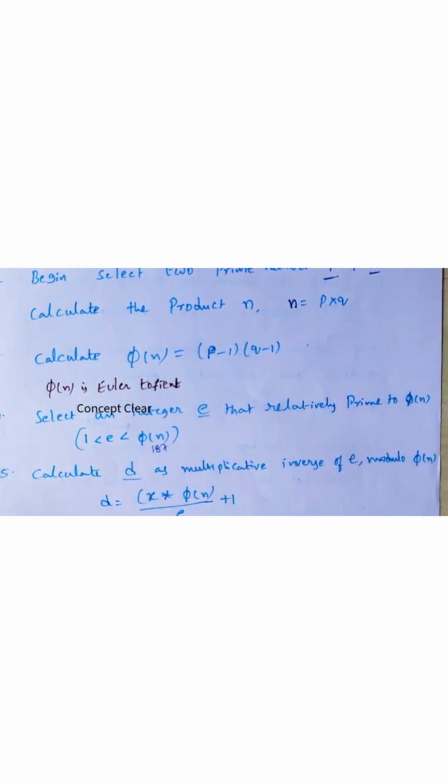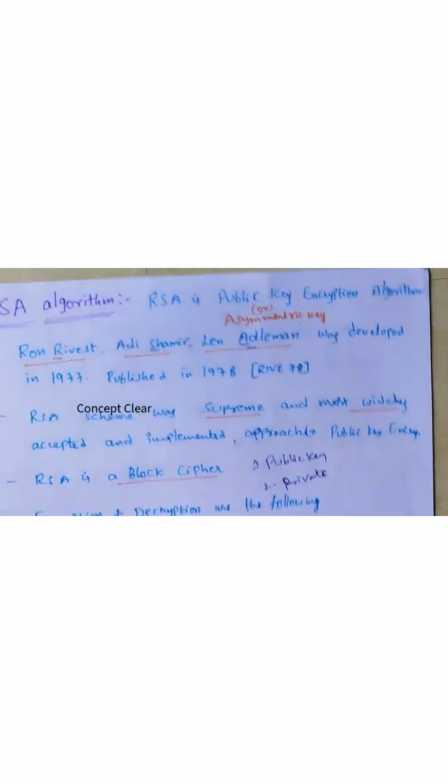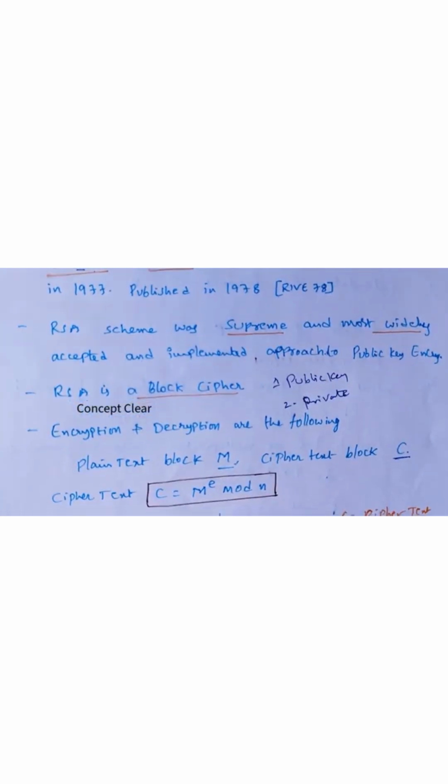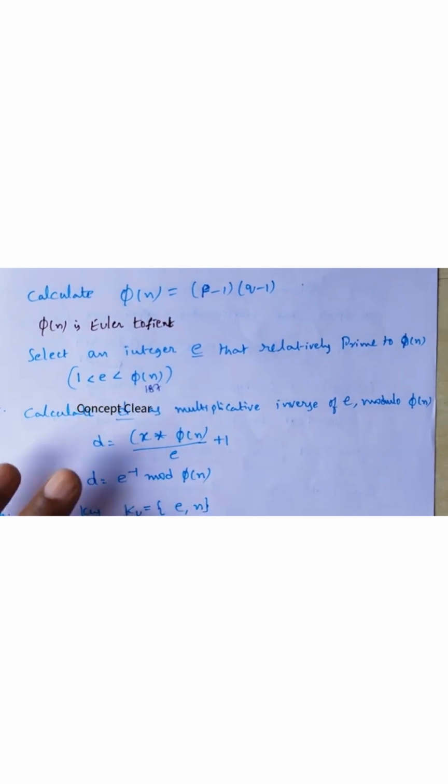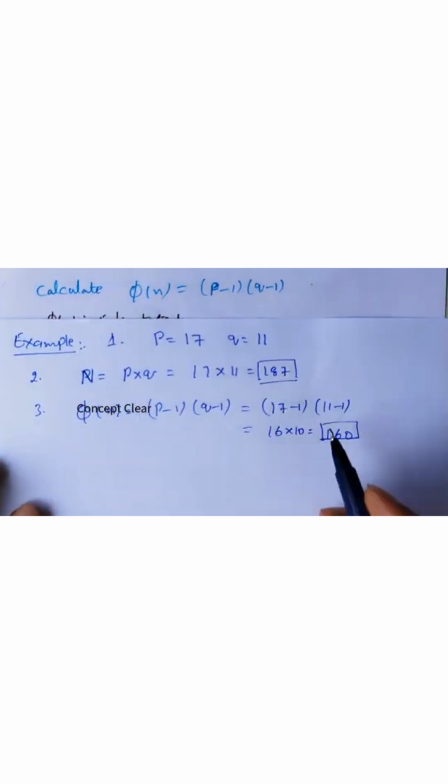What is the greatest value here? E means what? E is nothing but the public key. We have to check the public key with the phi of n value. So what is the phi of n value we are getting here? 160.